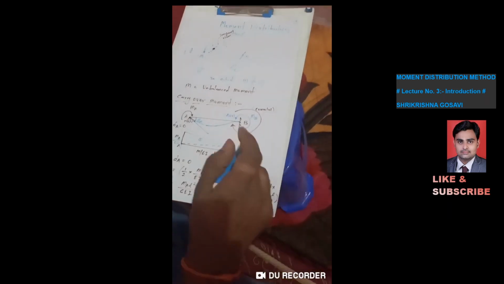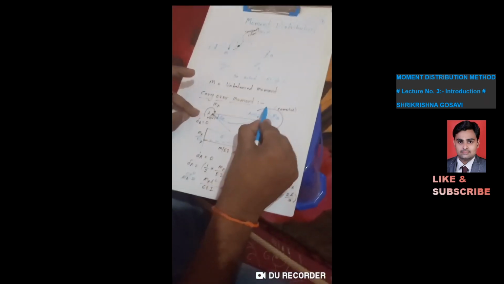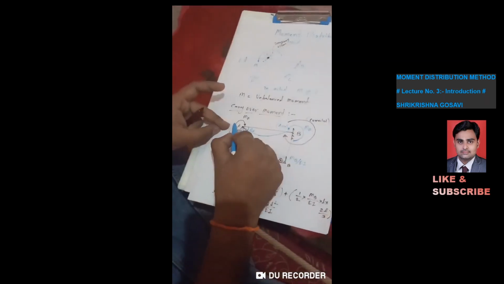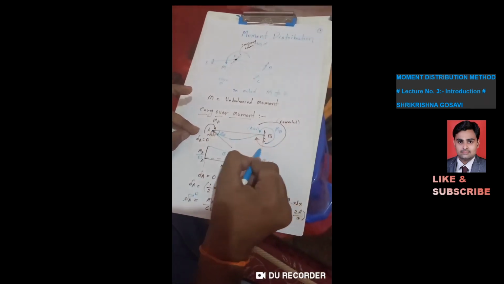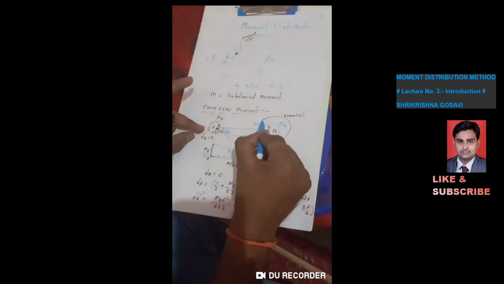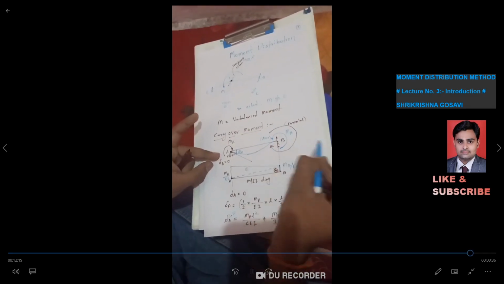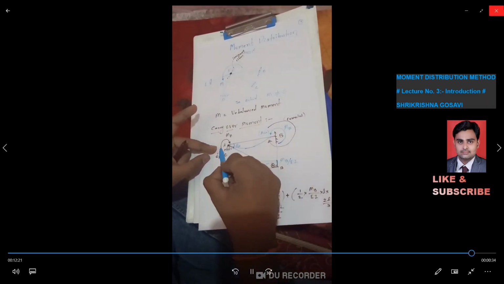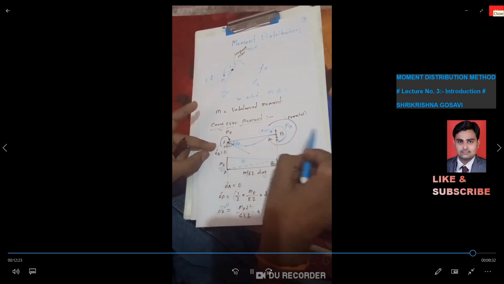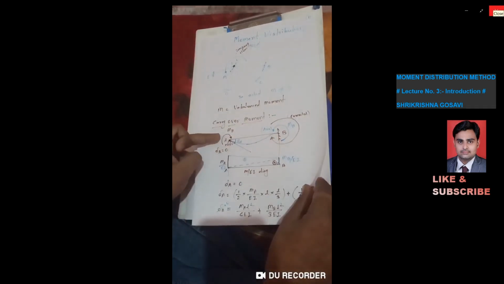Now if you apply MA moment here, then the moment generated MB here is in the same sense. This moment is clockwise, and this generated moment is also clockwise. Now we have solved it. And what is the factor? This MB moment is MA by 2.